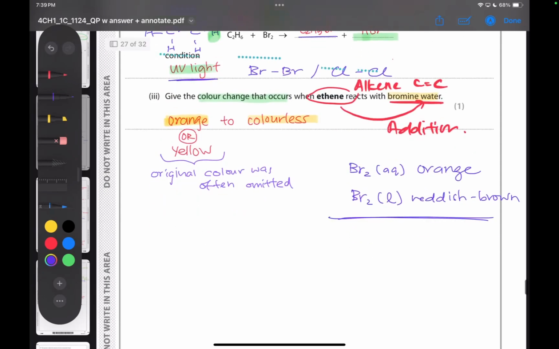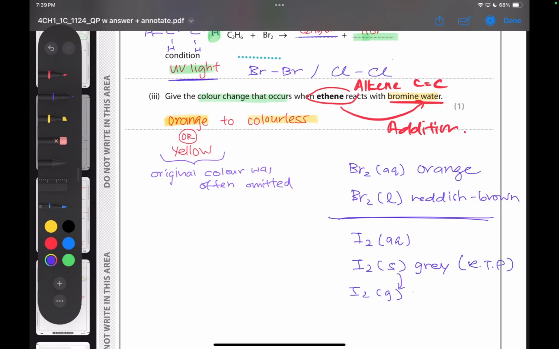At the same time, I'm going to talk about iodine. In its elemental form at room temperature and pressure, it is gray.